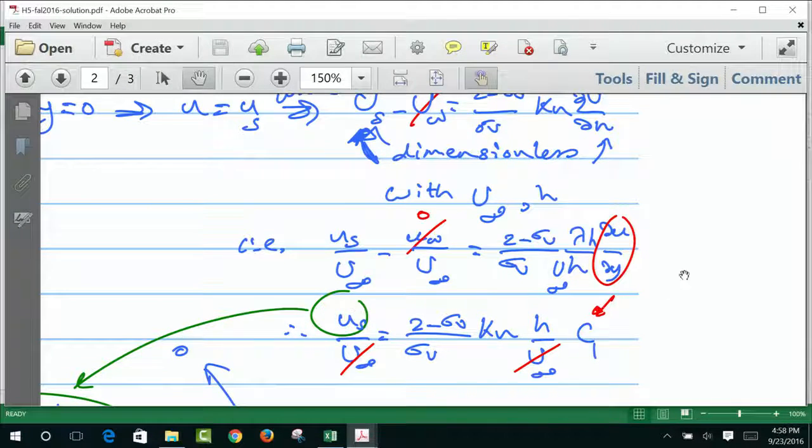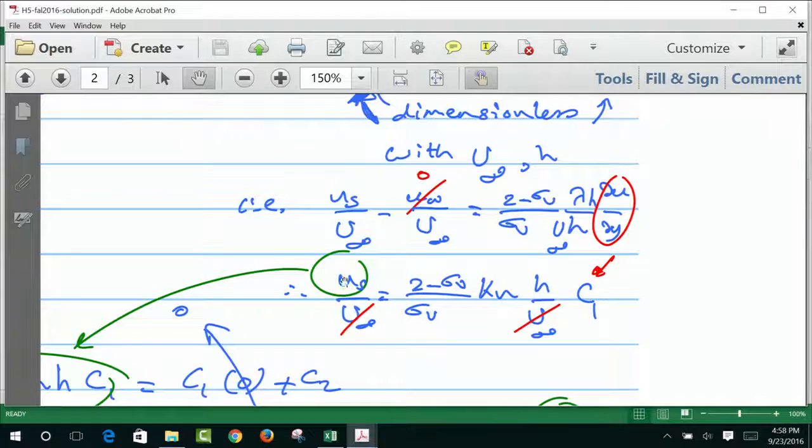So you can cancel basically u infinity with all of them. So it just becomes u slip equals 0 minus, or u slip minus 0 equals 2 minus sigma v over sigma v, and all that stuff, lambda over h Knudsen number, h, C1. C1 is partial u partial y.